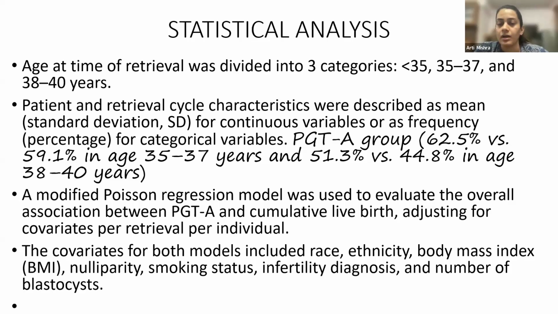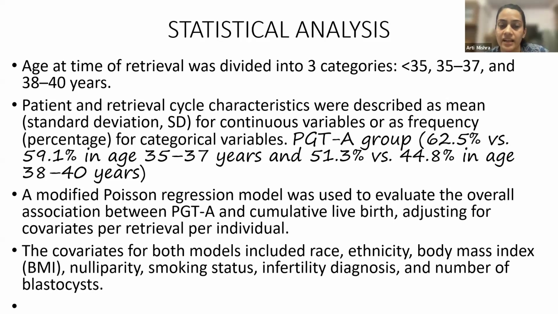In the PGTA group, it was 62.5% versus 59.1% in age between 35 to 37, and 51.3% and 44.8% in both the variables in age between 38 to 40. We've taken these two because these have majorly shown findings. Less than 35 years, PGTA didn't really matter.